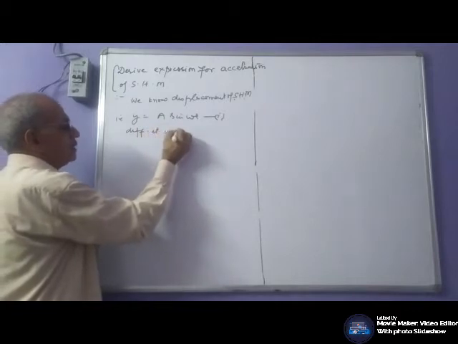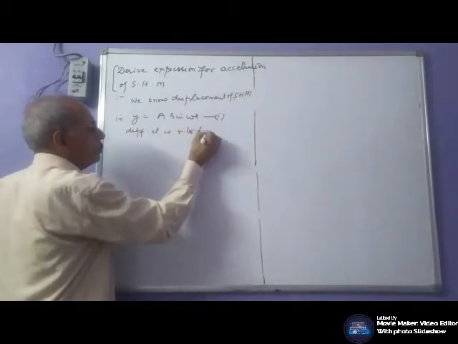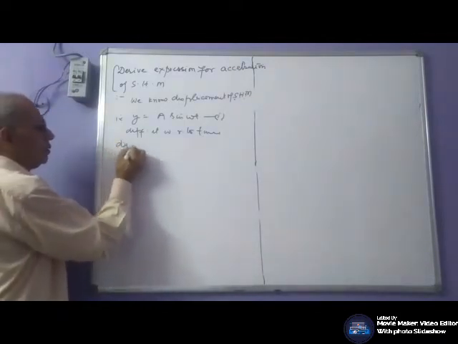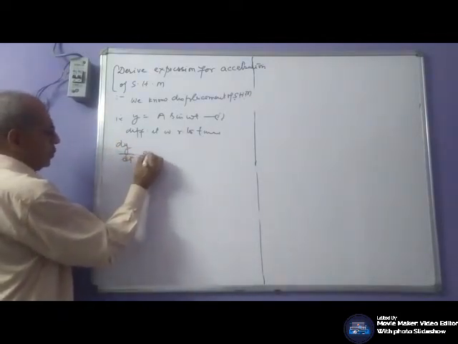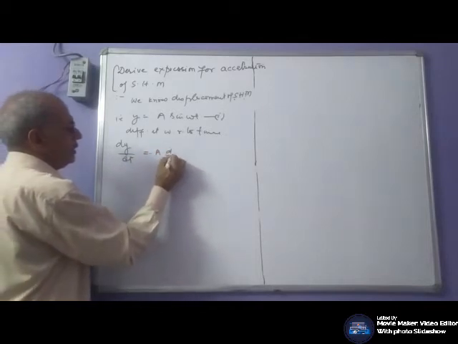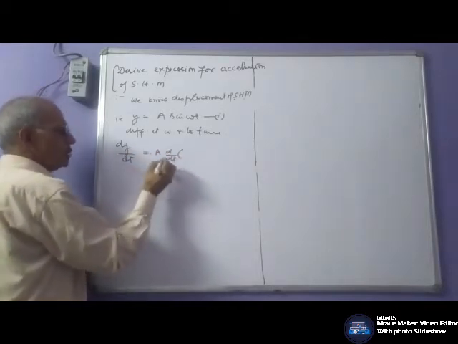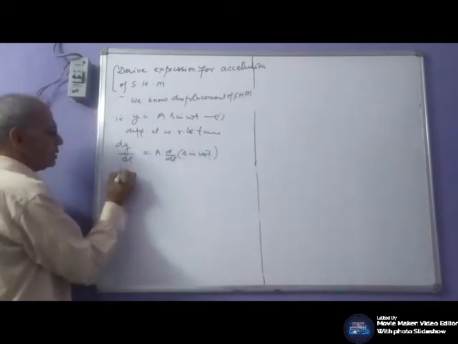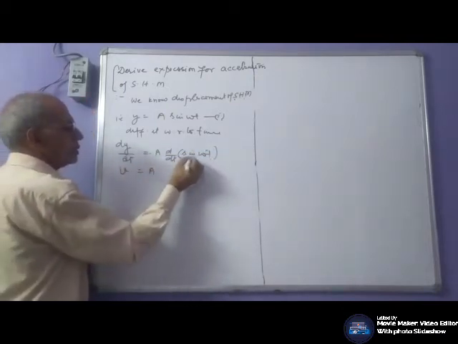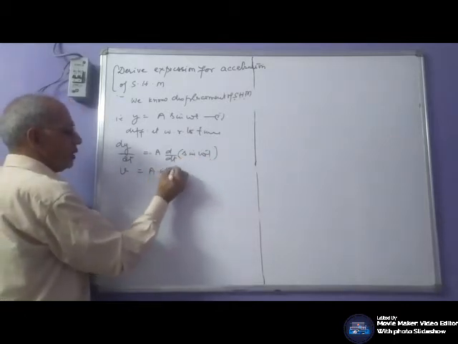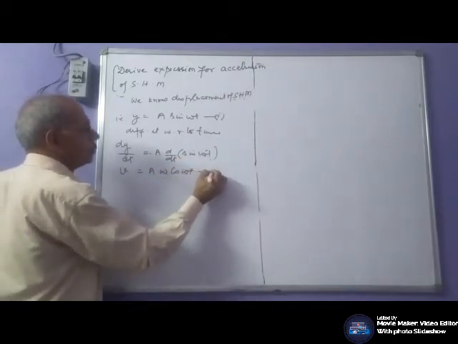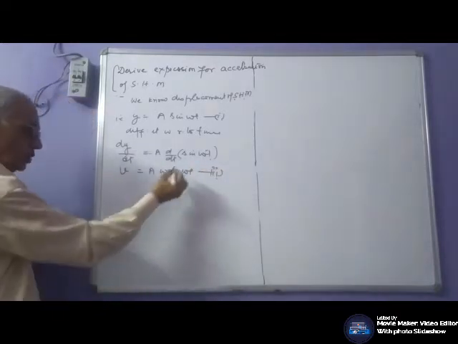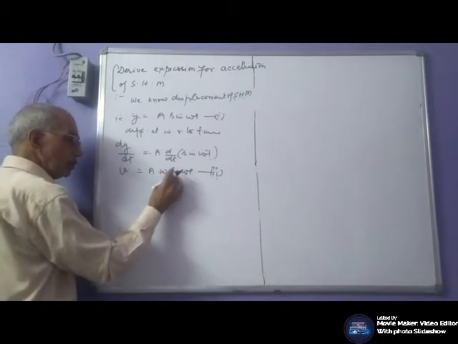Differentiating it with respect to time, dy by dt equals A d/dt of sin omega t, constant outside. This is v, which is A omega cos omega t. This is velocity. This is not the phase, there should be a sine.